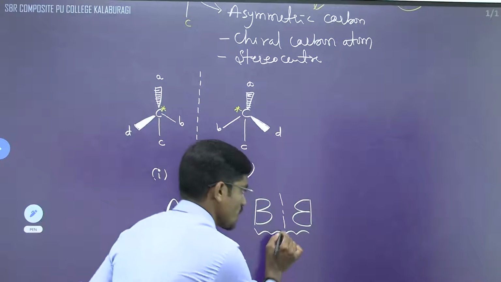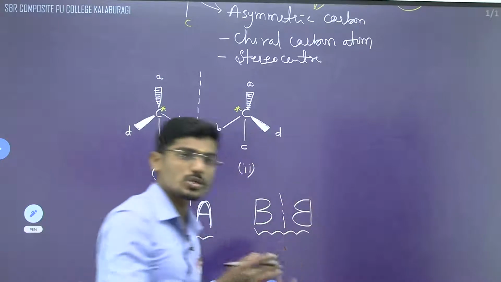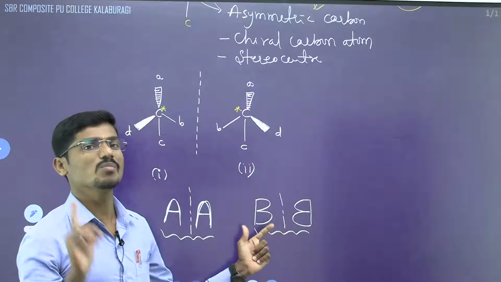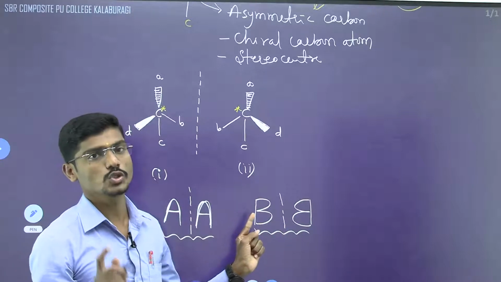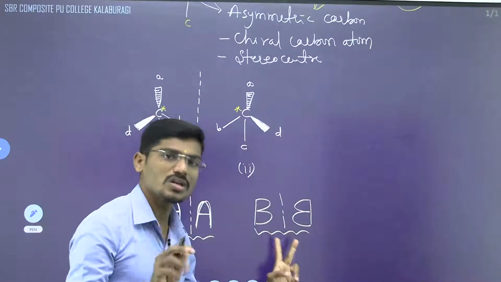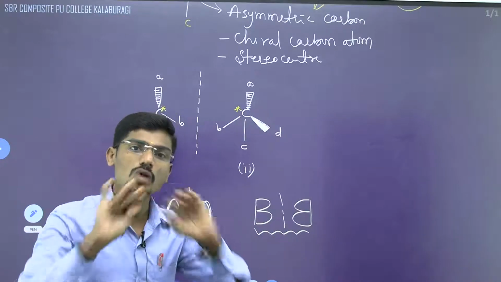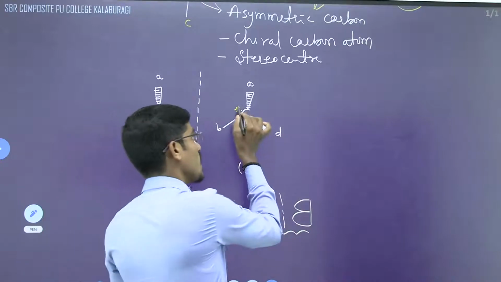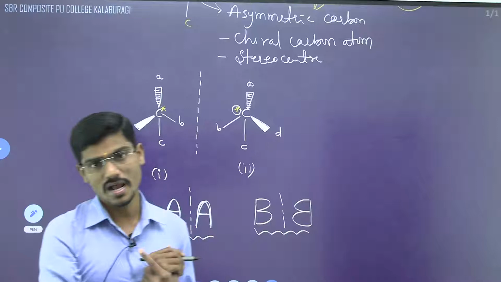If an object or molecule gives non-superimposable mirror images, then it is said to be optically active, and this is possible only in a compound which does not contain any symmetry, that is, which contains an asymmetric carbon atom.